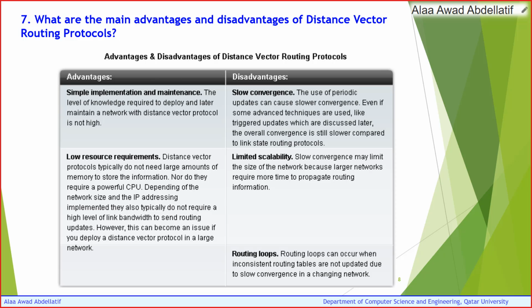So it limits scalability due to the slow convergence, and it also has the problem of routing loops. Routing loops can occur when inconsistent routing tables are not updated, and also due to the slow convergence. And we studied routing loops.